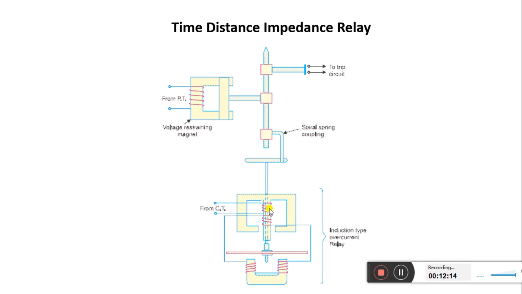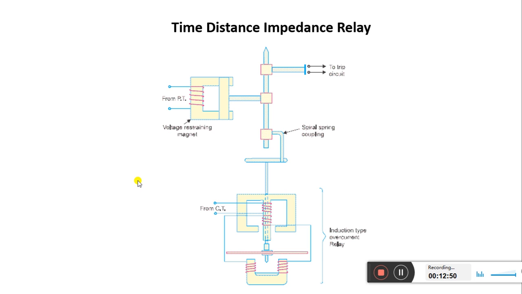If there is more current in this coil, the disc will rotate faster and the contacts will close in very less time. It means the operating time will be inversely proportional to the operating current. However, the operating time is proportional to the voltage. So this is the structure of the time distance impedance relay.